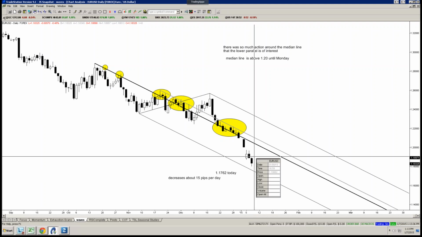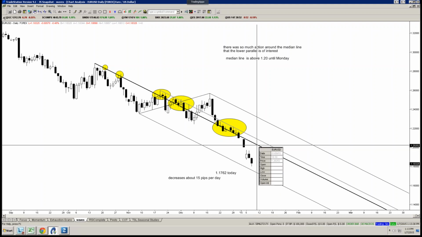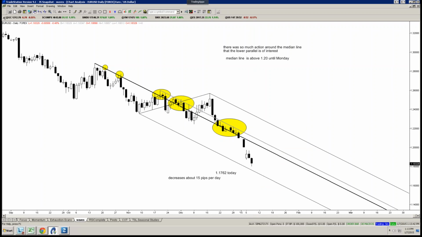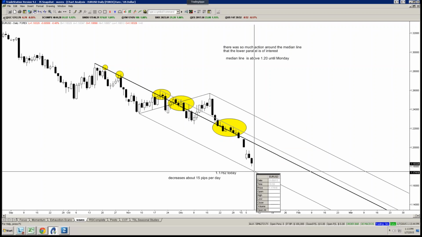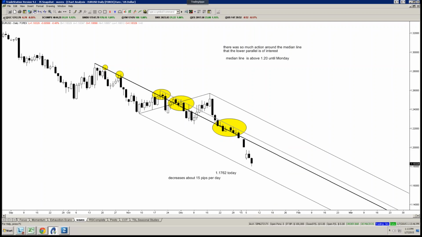These gray lines, this is again the slope from the June and October lows. And again, on the swing page, I explained all this, looking for this to be resistance and everything.